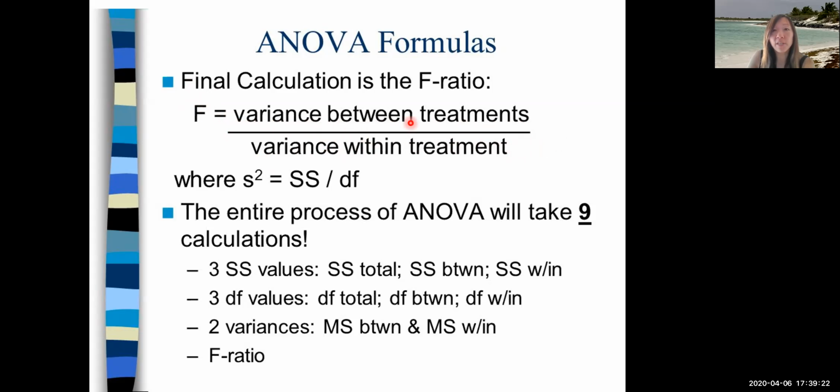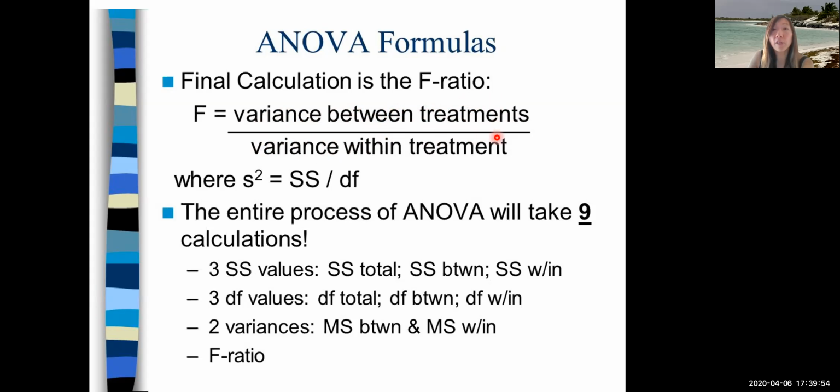We use the variance to measure if there are differences between the means of each treatment group. That's where we get our between mean differences, and also the amount of variance between those differences, the amount of error that exists between those differences.